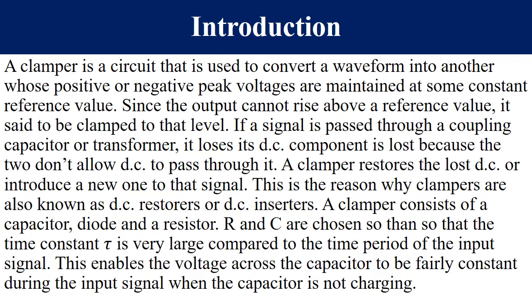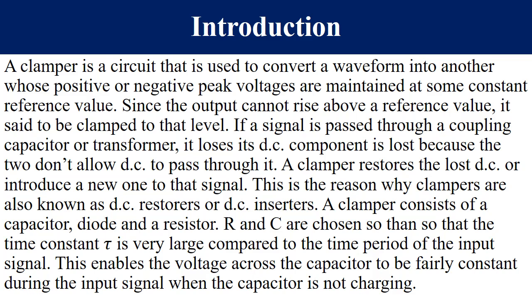Clampers. Introduction. We start by defining what exactly is a clamper, and I know you've been wondering what this kind of animal is. This is simply a circuit. We know when we are in electronics, we talk about circuits, and more circuits.